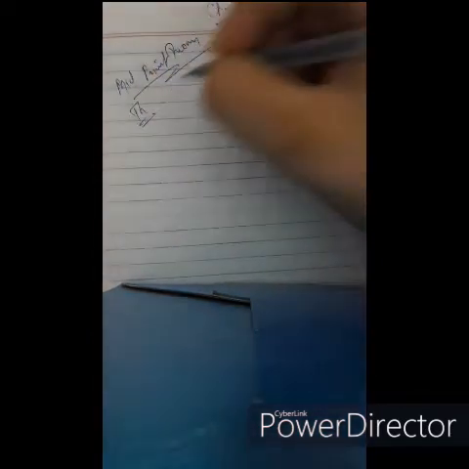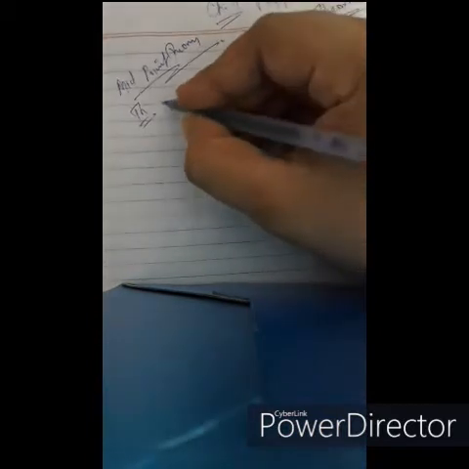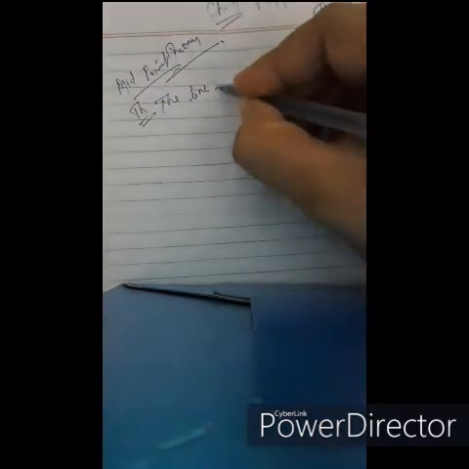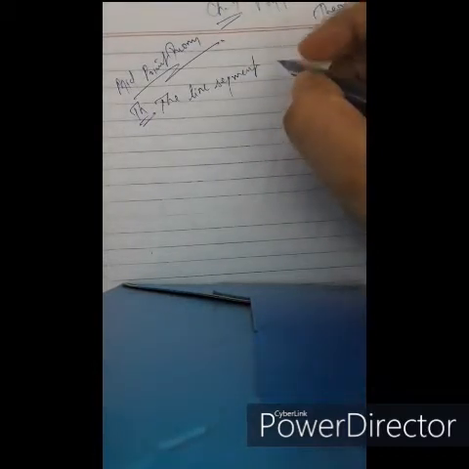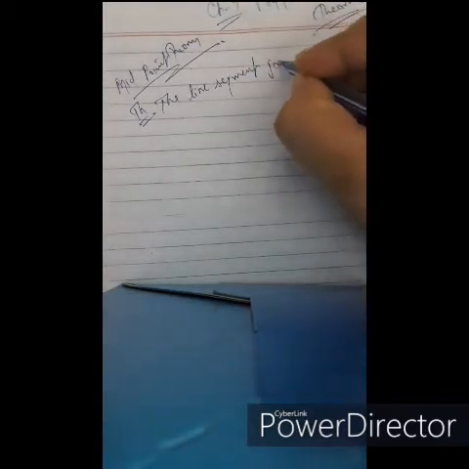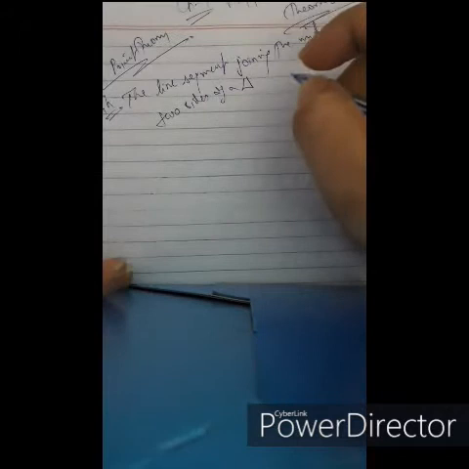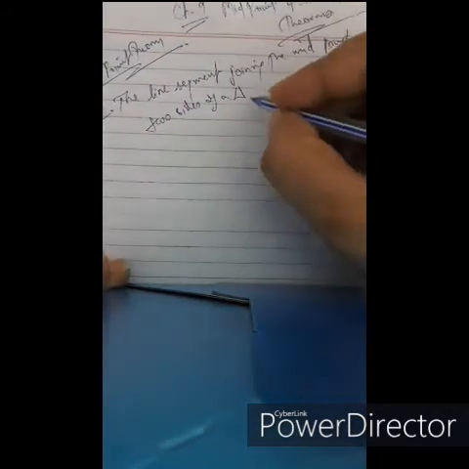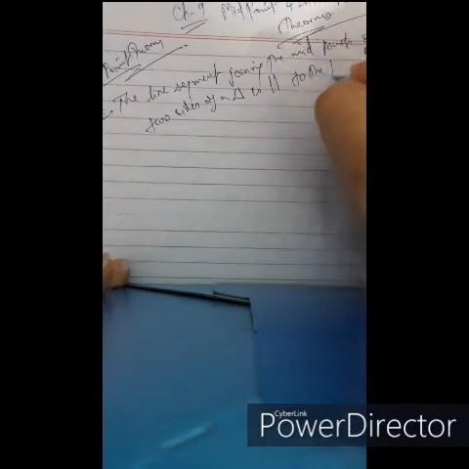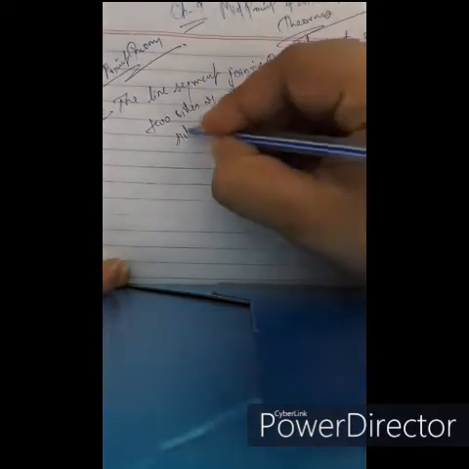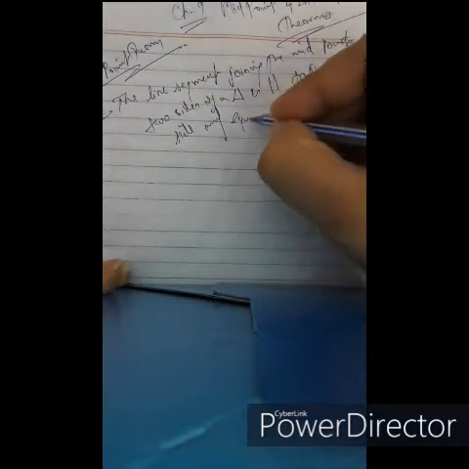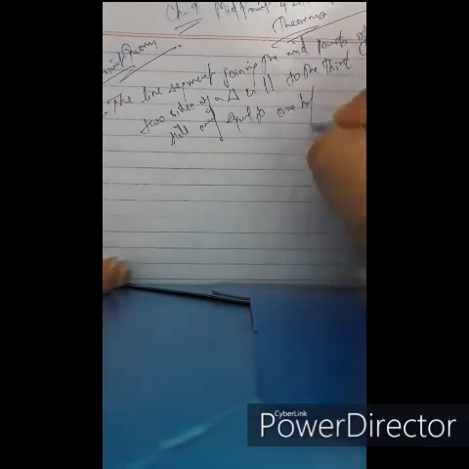The midpoint theorem states that the line segment joining the midpoints of two sides of a triangle is parallel to the third side and equal to one half of it.